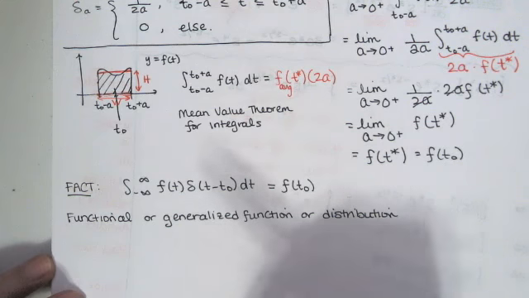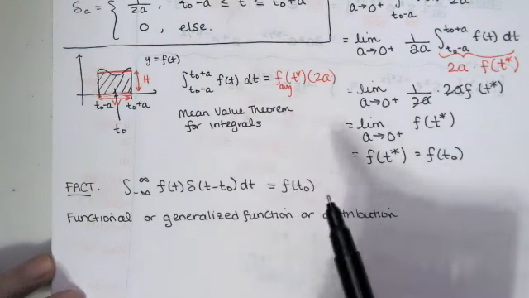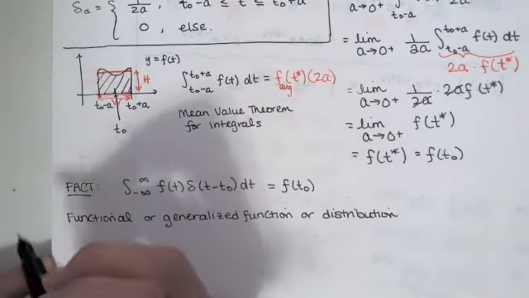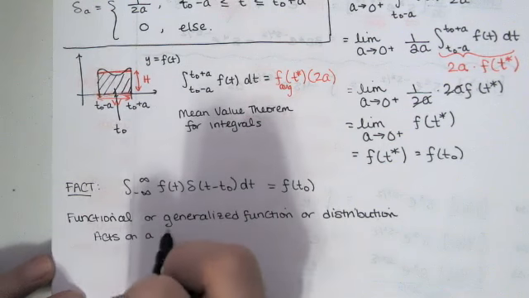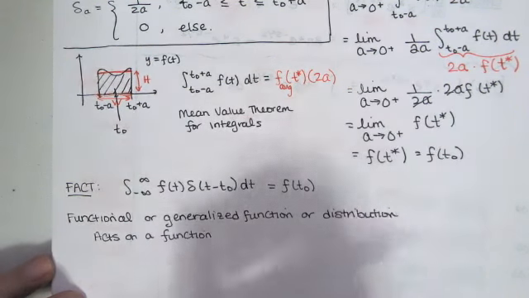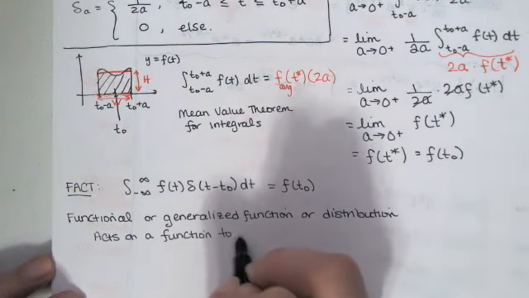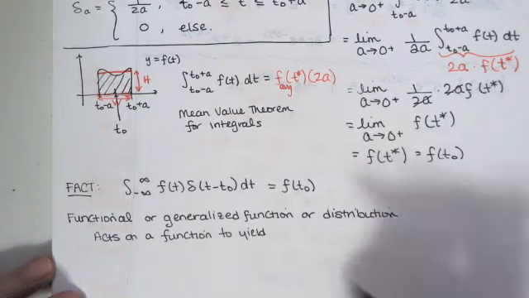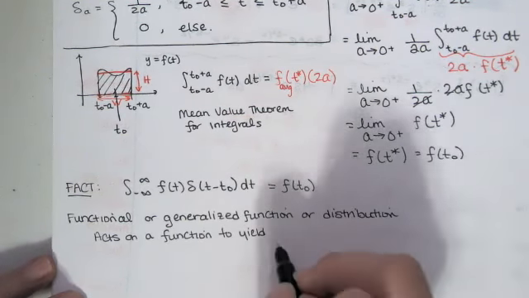It's actually acting on a function and giving you a real or complex number. So its domain, if you will, is a set of functions, and its range, the outputs, are real or complex numbers.